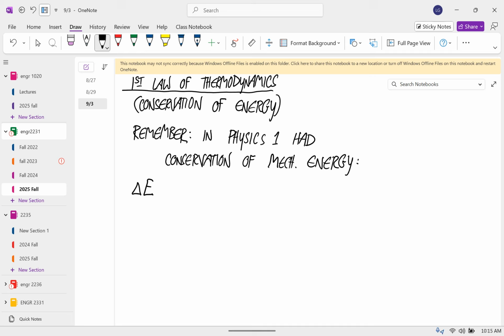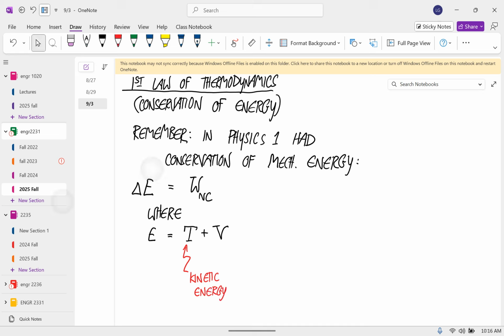Delta E is equal to the work of all the non-conservative forces, where this E was defined as the kinetic energy plus the potential energy. Okay, so T is the kinetic energy. V is the potential energy.